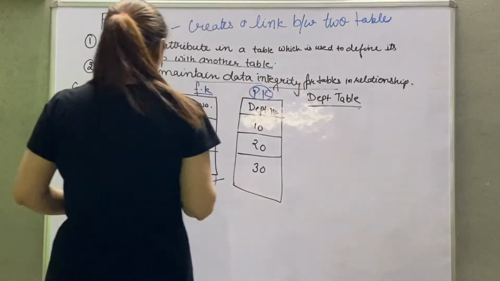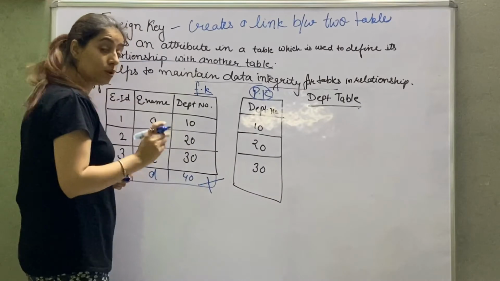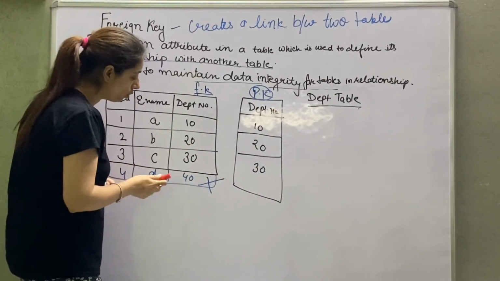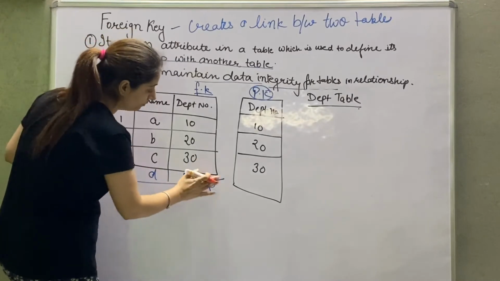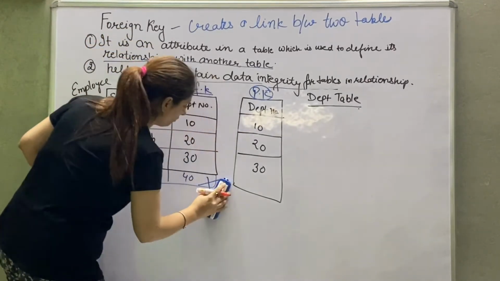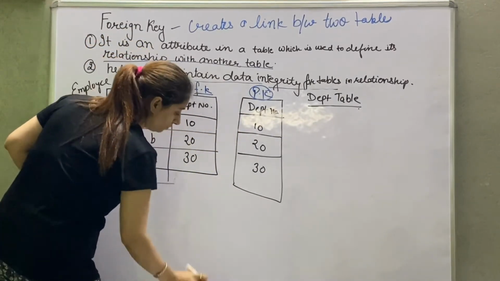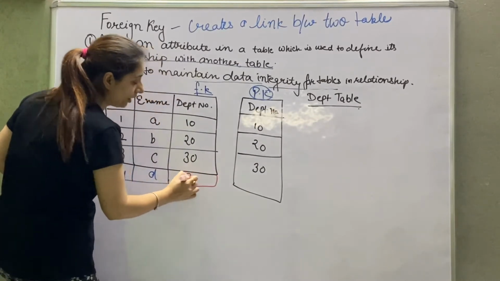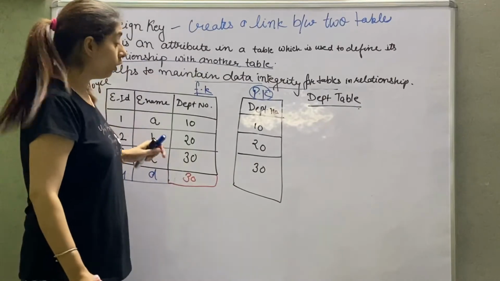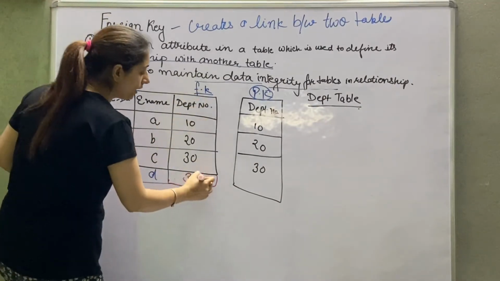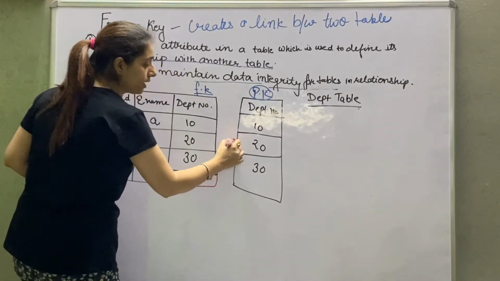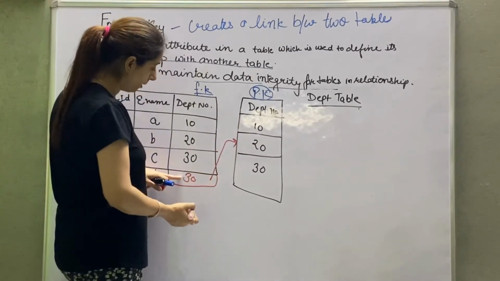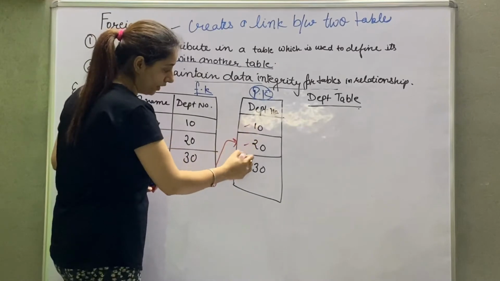Now just suppose a person is coming whose department number is 30. What will happen? The foreign key will refer to the parent table and check for department number 30 among 10, 20, 30.